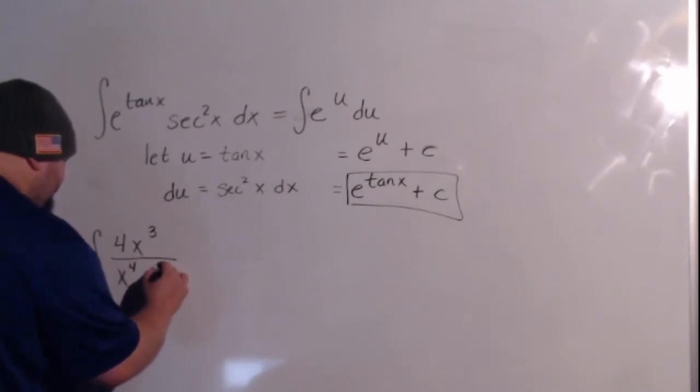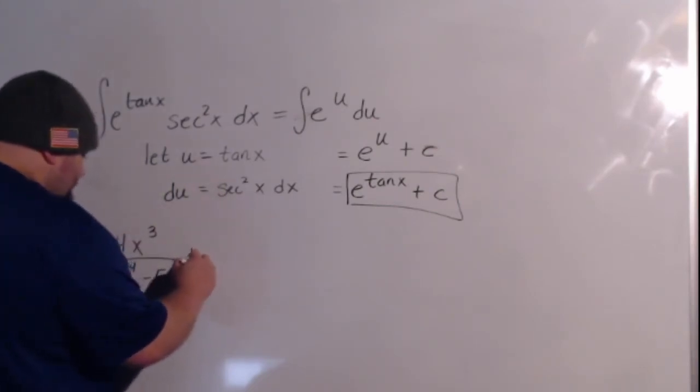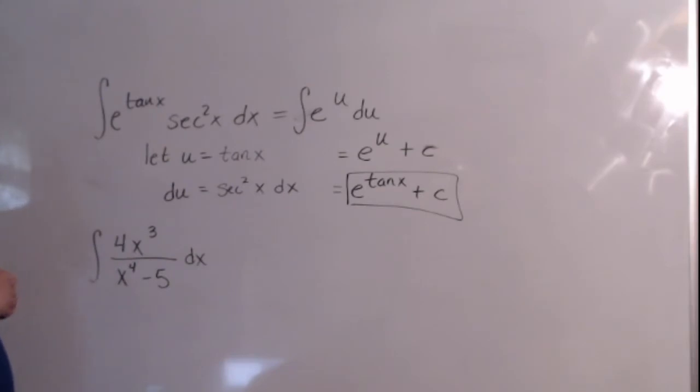So the first two had functions inside other functions. This does not have a function inside of another function, and I need my dx here. So instead, I just need to let u equal some function whose derivative is present.